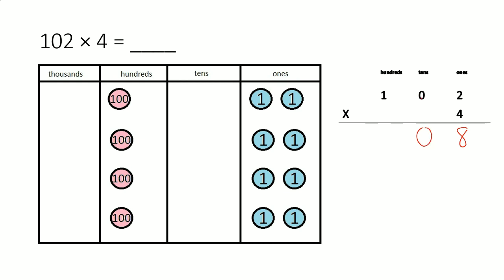Then we go on to the hundreds place. 100 multiplied by 4 to give us 4 hundreds. Therefore, we can say that 102 multiplied by 4 gives us 408.